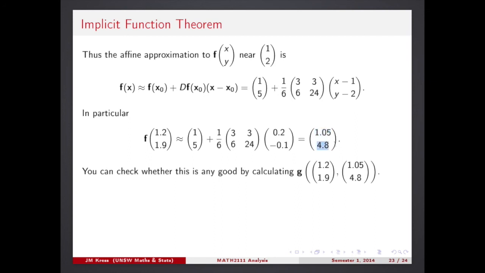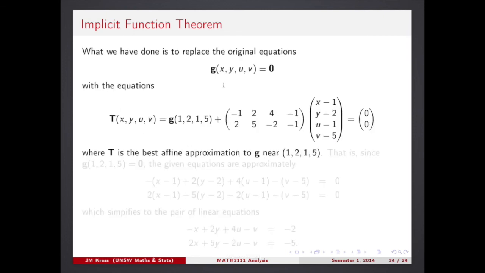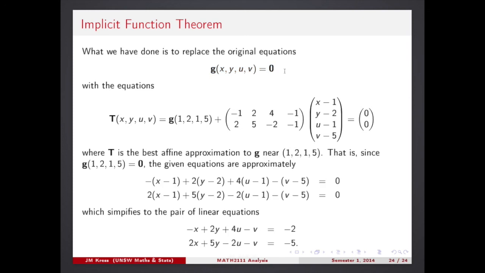So it's another way to find this approximate value of your solution using the best affine approximation to the g function itself. Yeah, that's how I can decipher it. It's still relevant. It's a good way to do it without the implicit function theorem.